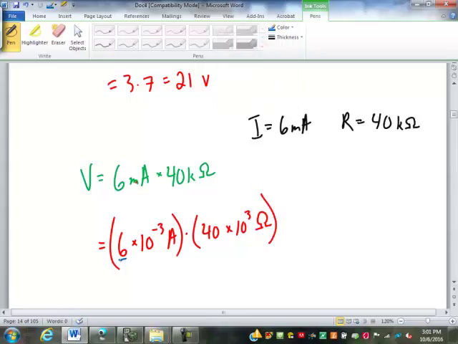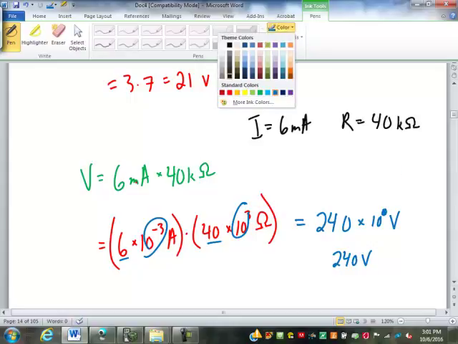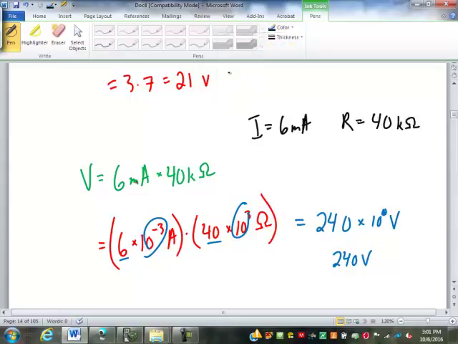So now we multiply. 6 times 40 is 240. 10 to the negative third times 10 to the positive third is 10 to the 0. And an amp times an ohm is a volt. Well, 10 to the 0 means that's just 1. So this is just 240 volts. So the engineering notation allows us to work with our metric prefixes.